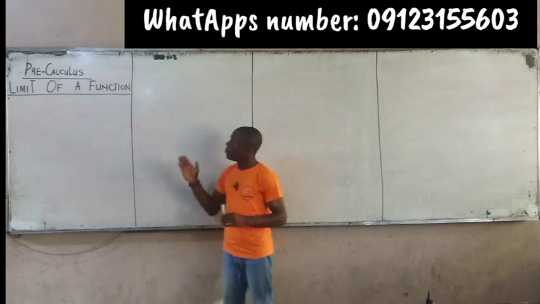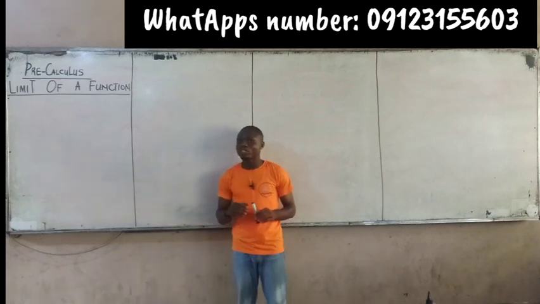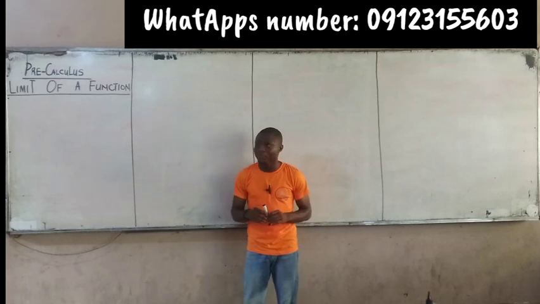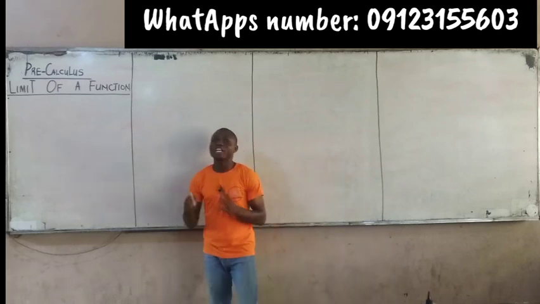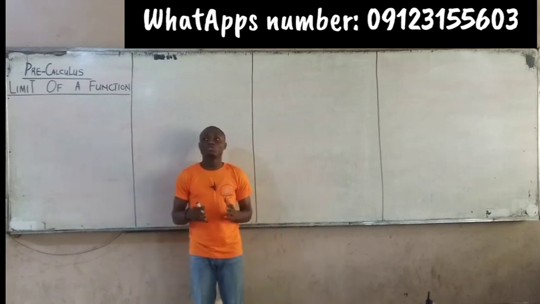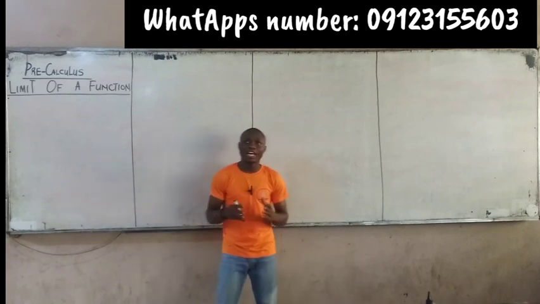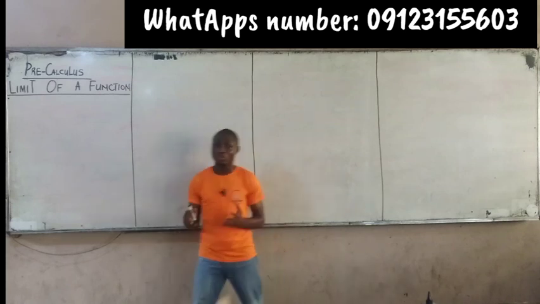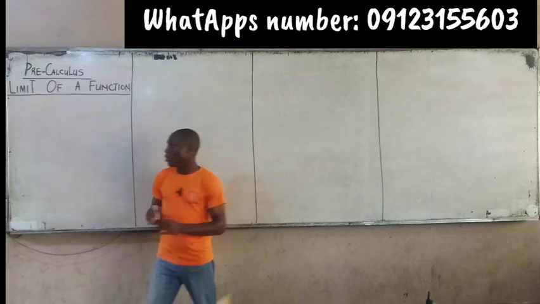Alright, let's start with the mathematical representation of a limit. Let's say I have a limit of a function of x equal to L such that x tends to A. How do I write such an expression in mathematical terms?